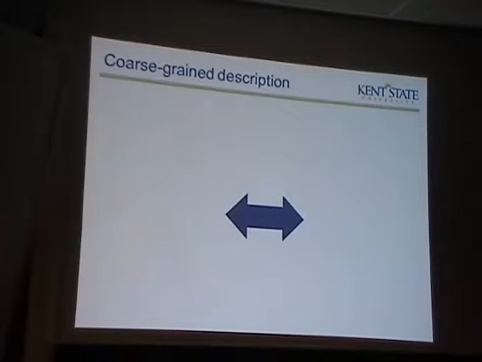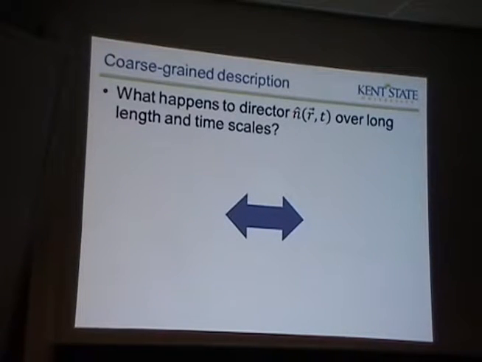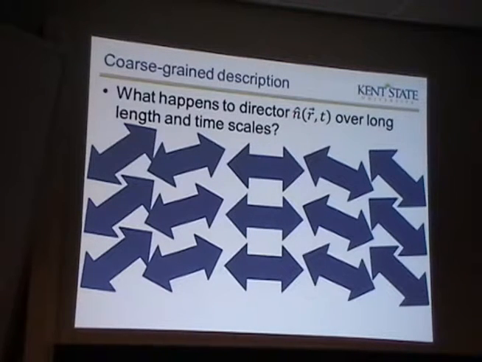Okay, so here in our coarse-grained description, right, we want to ask what happens to the director over long length and time scales. Okay, so over long length scales, there are a lot of regions with different orientational distributions. Okay, so they could be characterized by different directors in different positions.